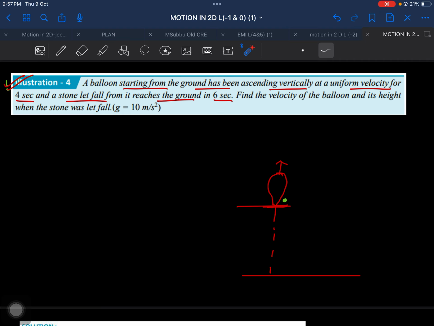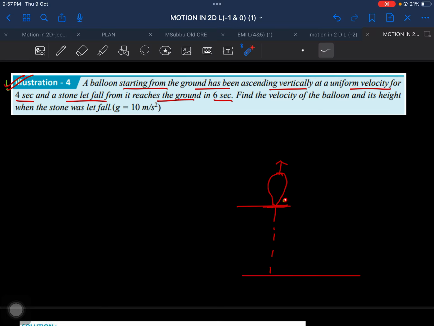Now let me ask you one thing: when this stone is dropped from a moving balloon, what kind of motion will this stone go through? Will this stone come directly down, or will it go upward, its velocity become 0, and then come down? Think.